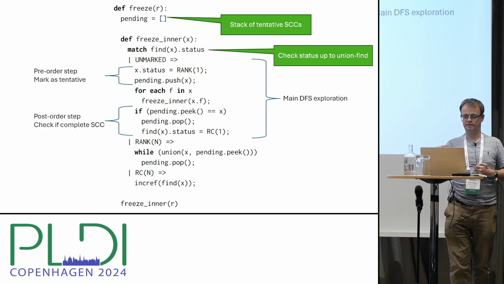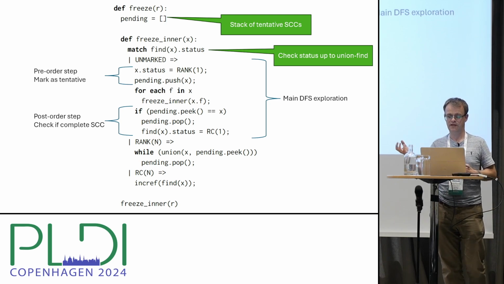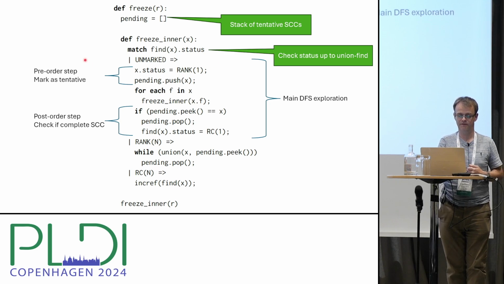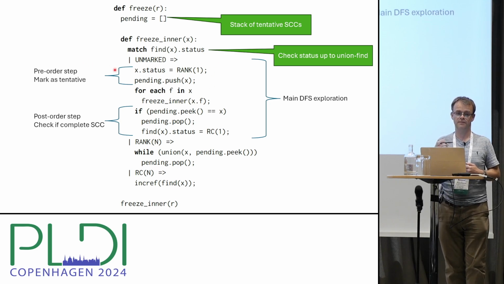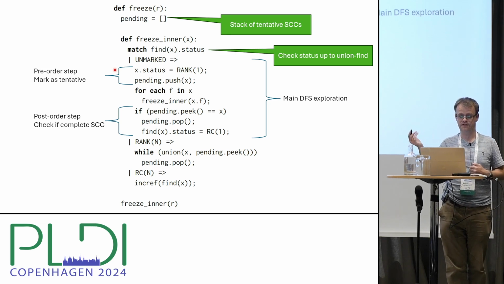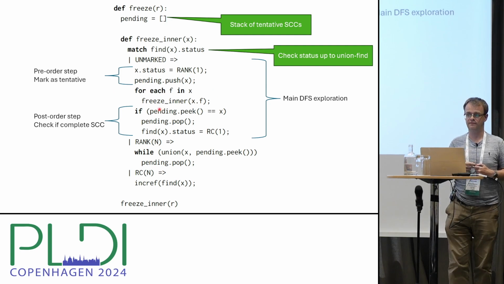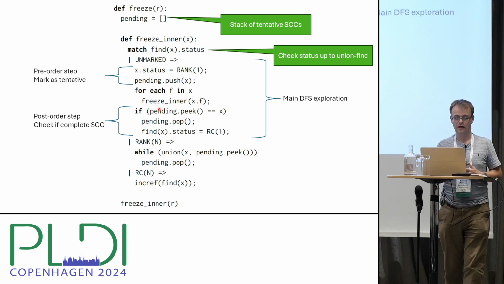The first case analysis: we look at the status and we see that it's unmarked, in which case this is our main DFS exploration of the graph. There's a pre-order step where we say, this is a new thing, so I'm going to make it its own strongly connected component, mark it tentatively, and put it in this stack of them. Then I look at all of its fields recursively, though the actual algorithm is not recursive.